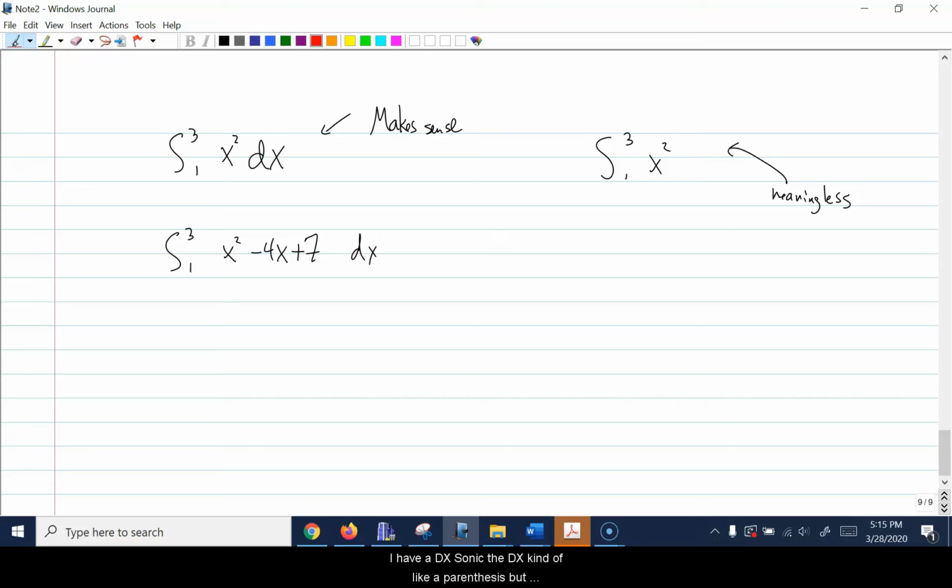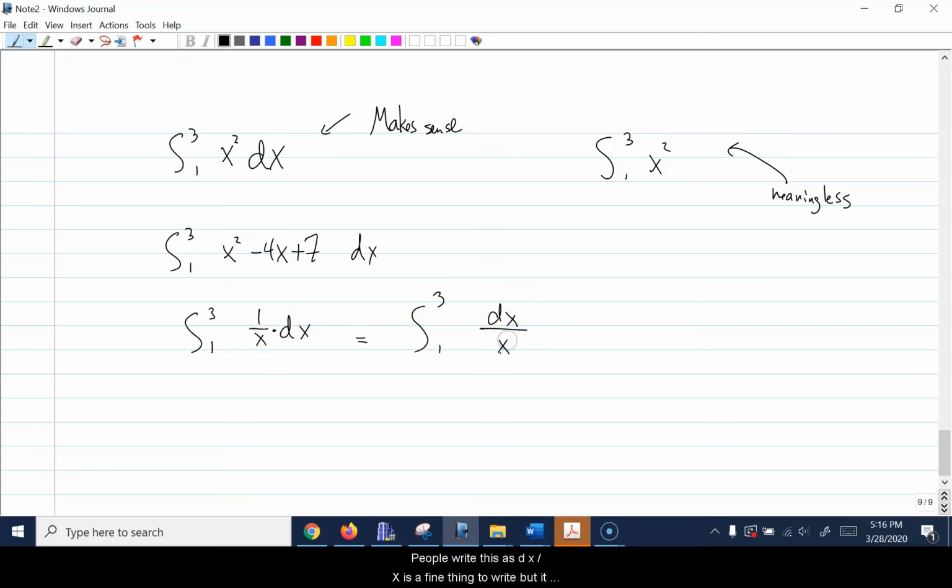The dx is kind of like a parenthesis, but it's like a parenthesis that you multiply by. By that, I mean when we write the integral from 1 to 3 of, say, 1 over x dx, people will sometimes say, well, you're multiplying a thing by a dx. To multiply by a fraction, you stick that on top of a fraction.